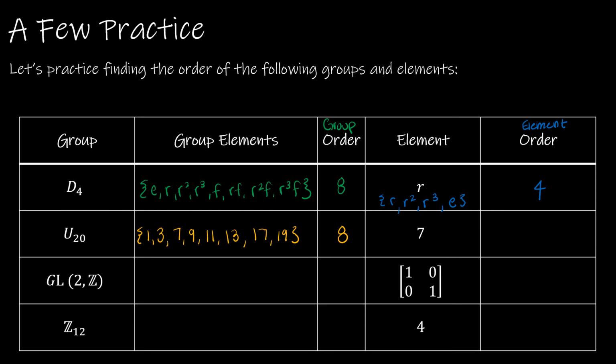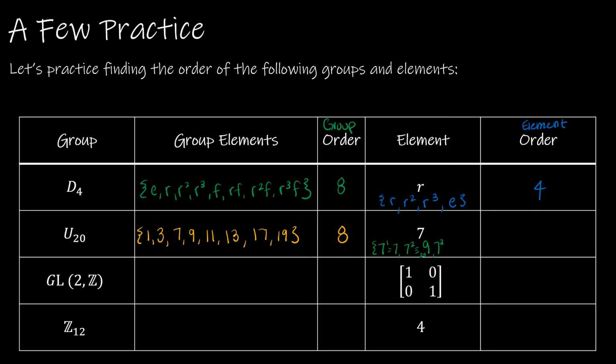Now let's look at the element of 7. So I could have chosen any one of those elements. Remember, with U20, the operation is multiplication. So I'm looking at 7 to the first, which is just 7. Then I'm looking at 7 squared, which is actually 49. But if I'm looking at mod 20, that's 9 mod 20.